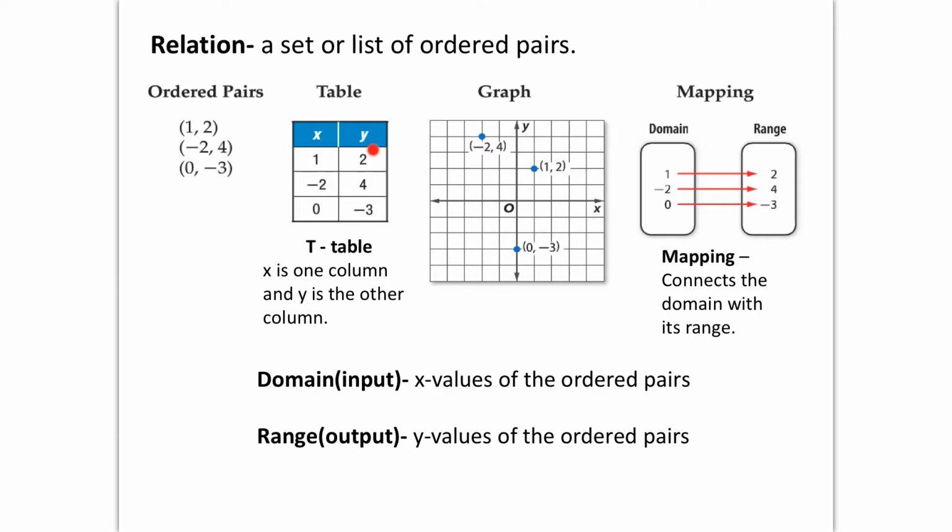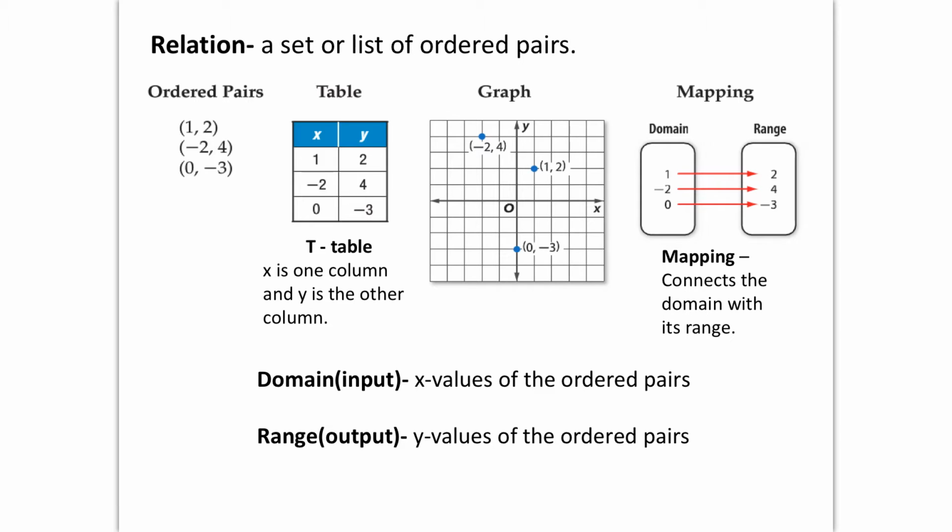So let's look at what a table is. When you have ordered pairs in a table, you have the x coordinates, or the x values, in one column, and the y coordinates, or the y values, in the other column. So there are two columns, one of them is the x, the other is the y. This is just to organize the values of the x and the y.